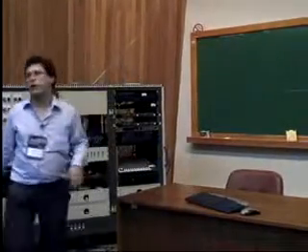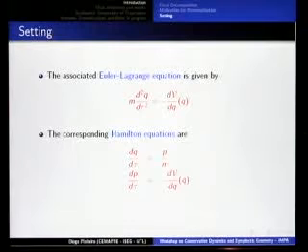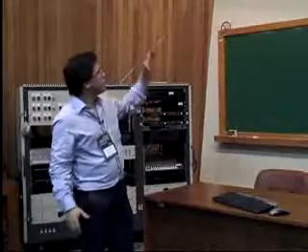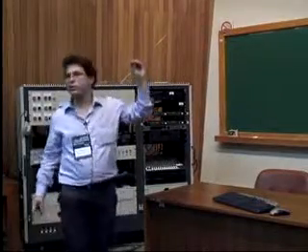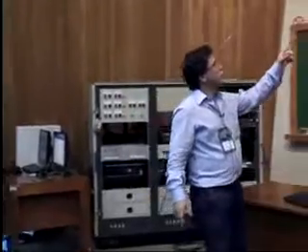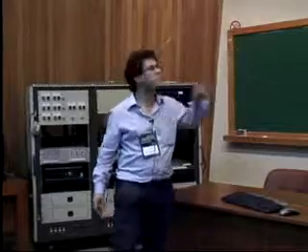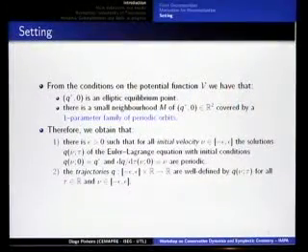Okay, so we can write down Euler-Lagrange equations and the corresponding Hamilton equations. And from the conditions on that potential function V, we obtain that there is this small neighborhood where you have a one-parameter family of periodic orbits, and therefore there is an epsilon such that for all initial velocities which have absolute size less than epsilon, the solutions to the Euler-Lagrange equation with initial conditions q star and v are periodic.